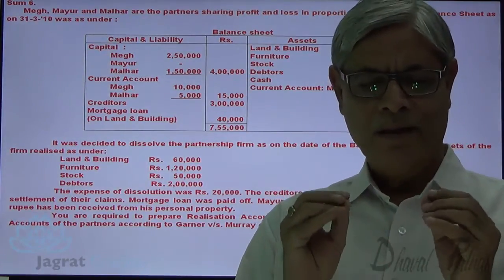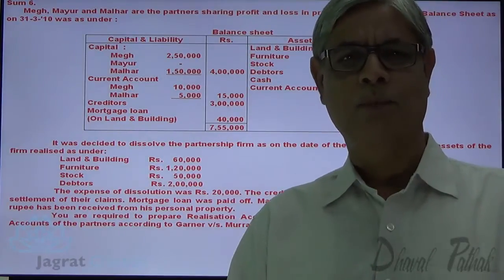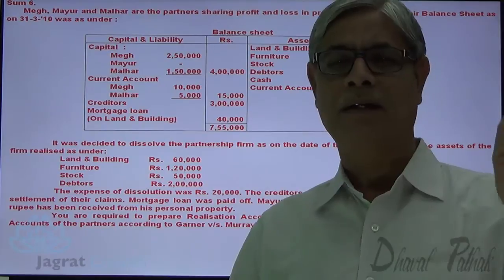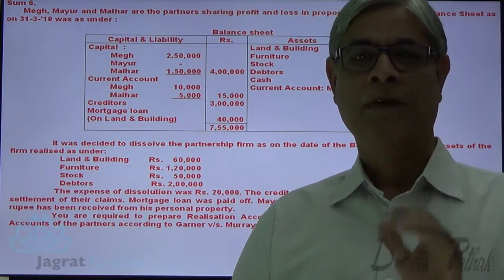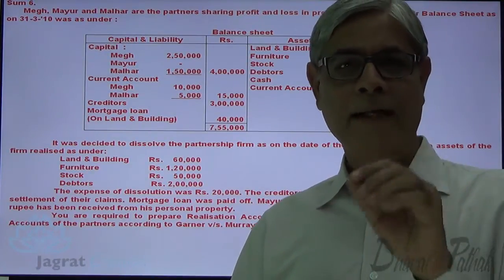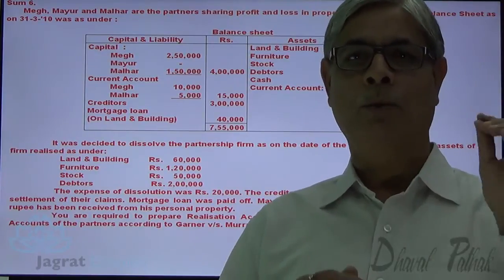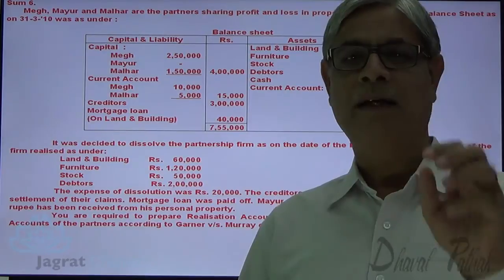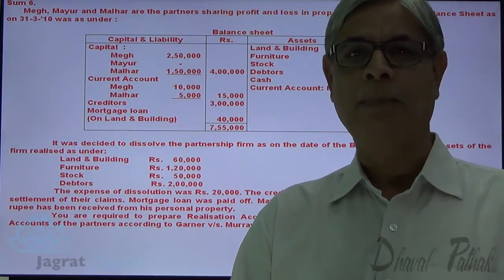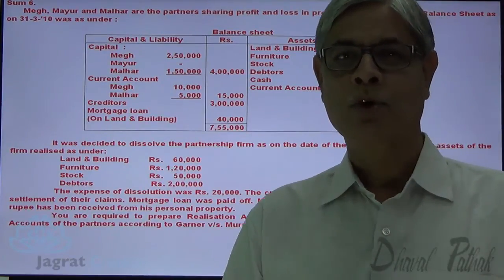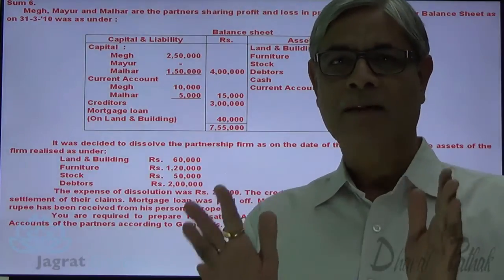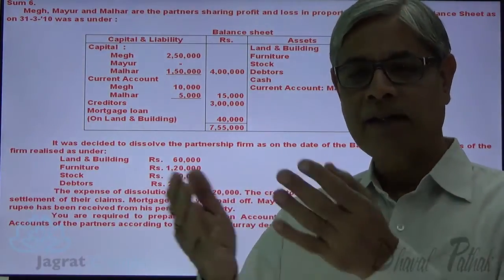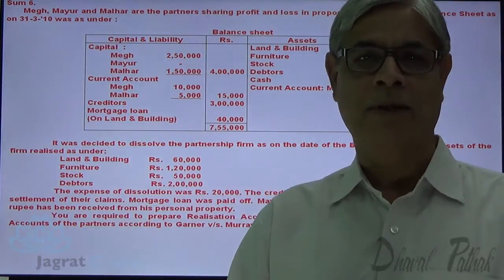Now, for the purpose of accounting for this dissolution, we are required to apply the decision of Garner versus Murray. Understand one thing: the Garner versus Murray decision is applicable when one of the partners is insolvent, and second, that partner is unable to pay his obligation towards the firm. So this partner who is insolvent has a debit balance of capital account and the amount is not recoverable from him.